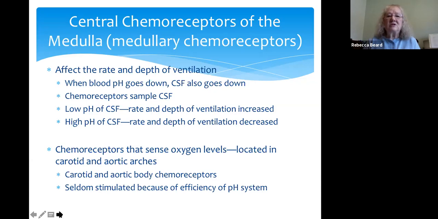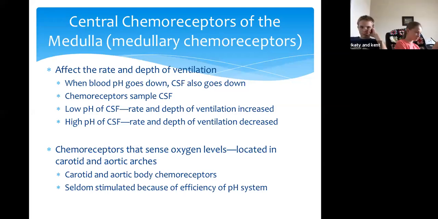If the pH is low, then it's going to increase the rate of ventilation.